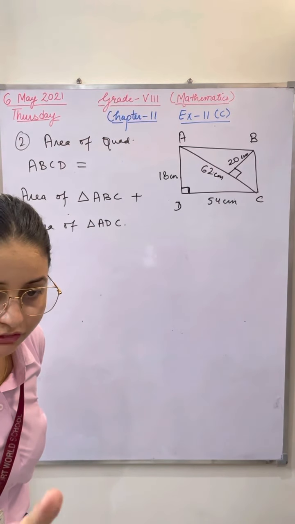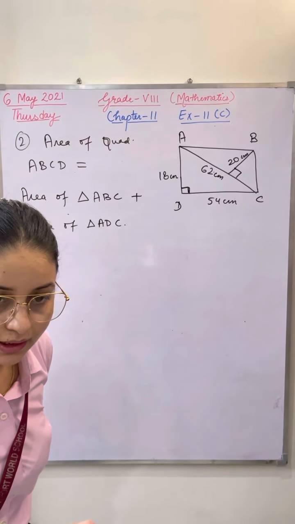Now, I want to ask, in the first triangle, what will be the base and height?